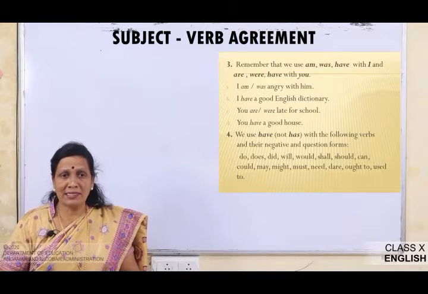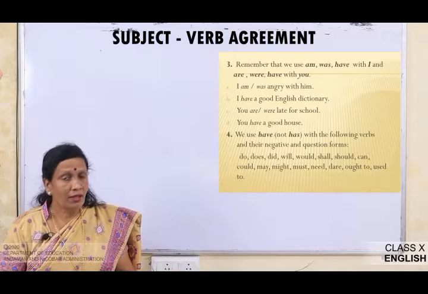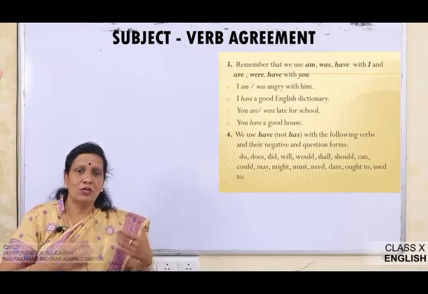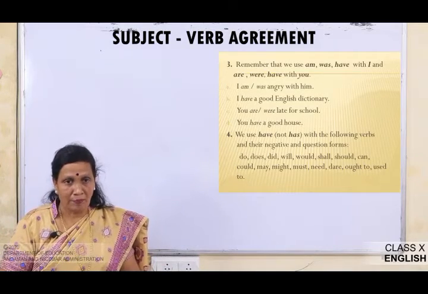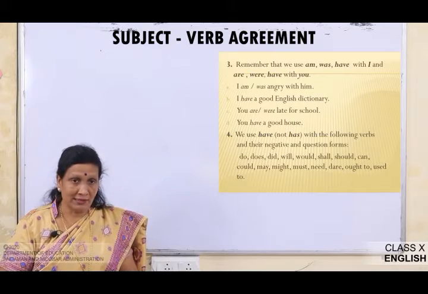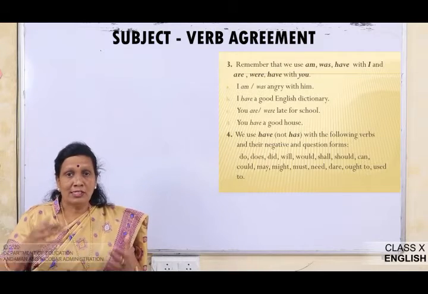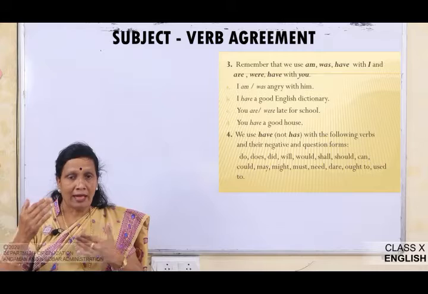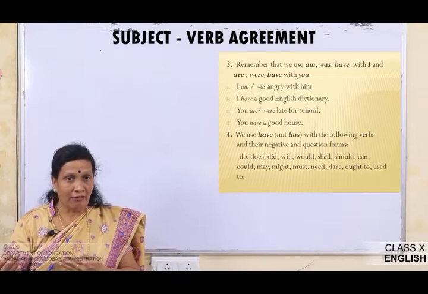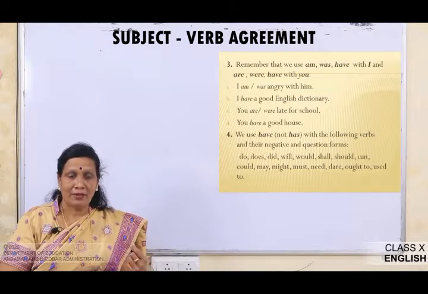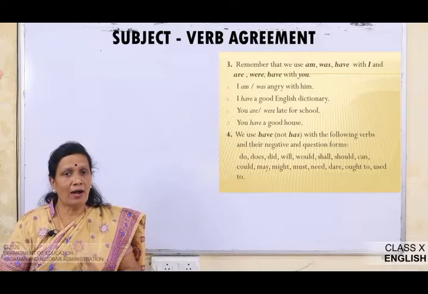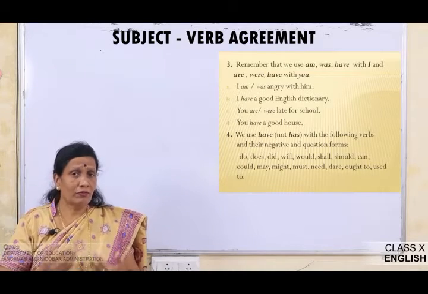If we talk about the present tense, you are late for school. If we talk about the past tense, you were late for school. You have a good house. So, the use of am, was or have with I and the use of are, were, have with you.